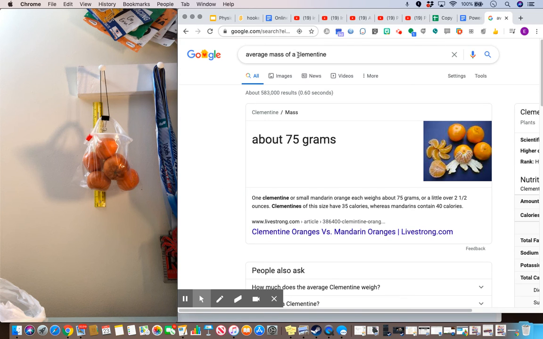The average mass of a clementine is about 76 grams. Again, you want to convert to kilograms. That will be an estimation, so it won't be perfect, but we'll be able to identify the trend to determine if the elastic band follows Hooke's law.